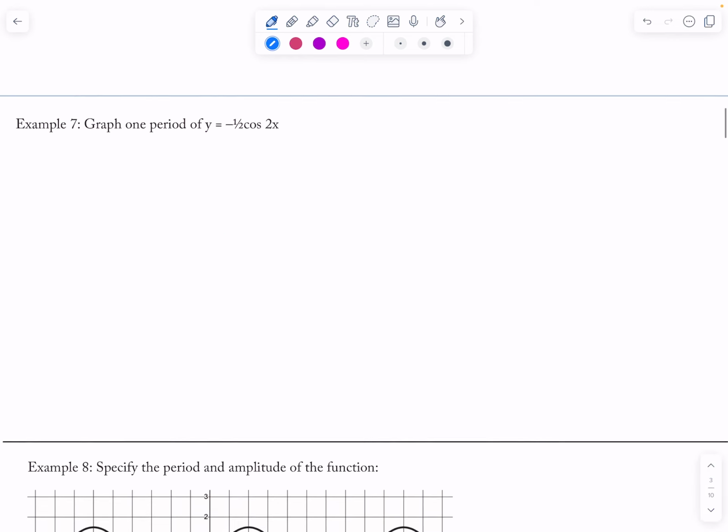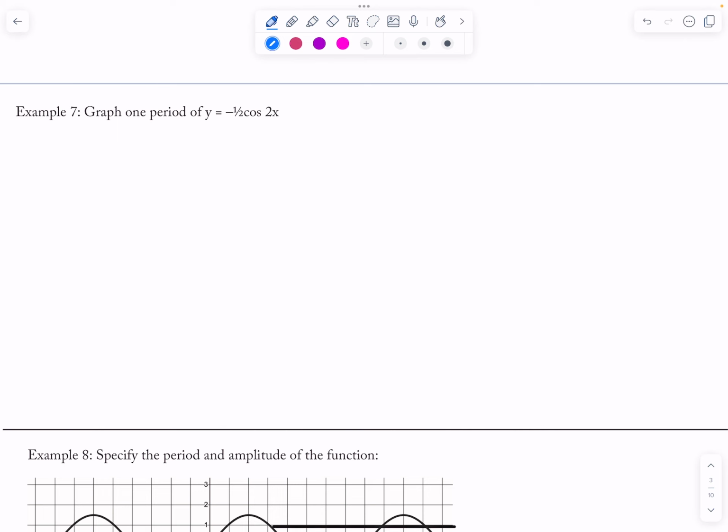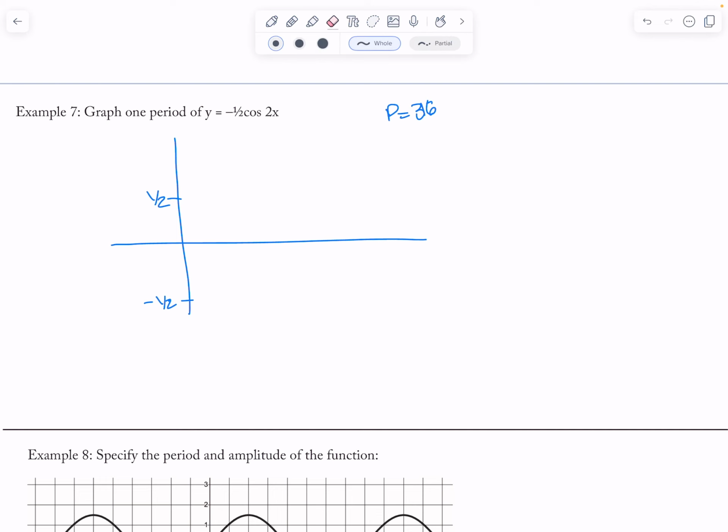So now we got to really change it up here. My amplitude is a half. So I'm up at a half and down at -1/2. My period is 360 divided by 2, which is 180.